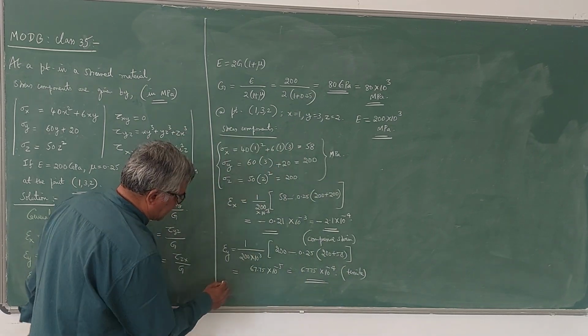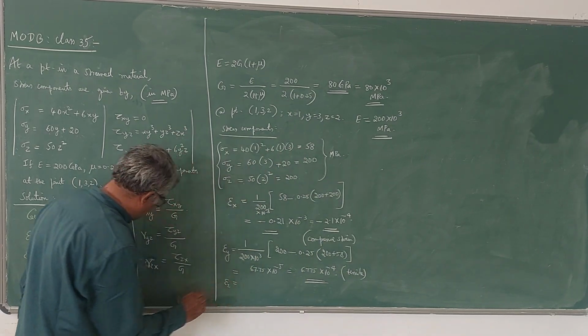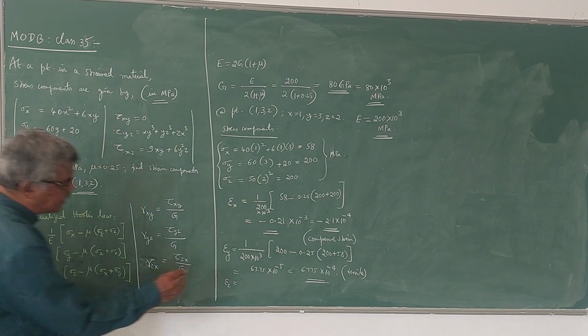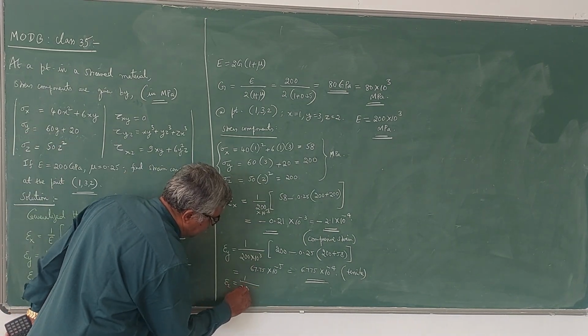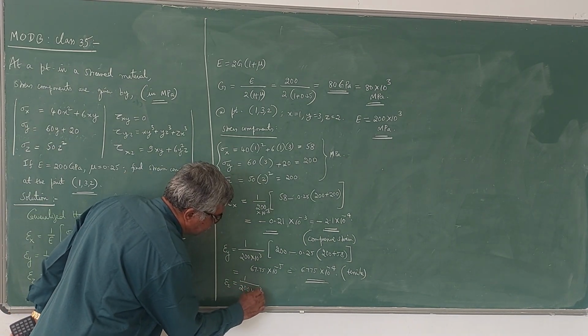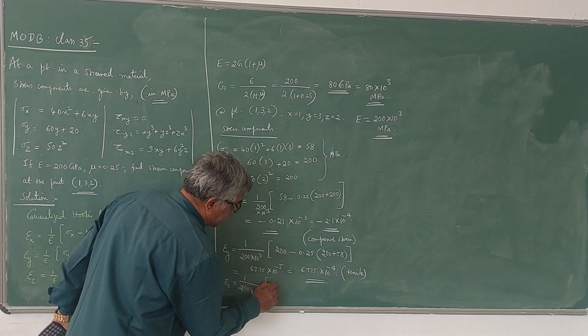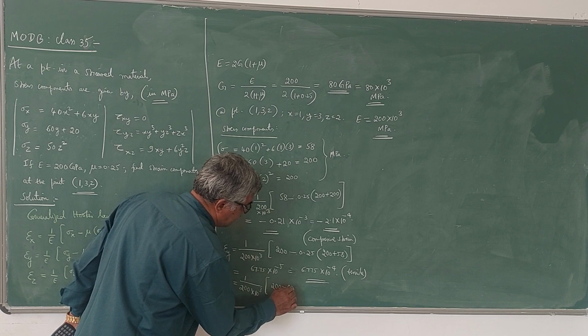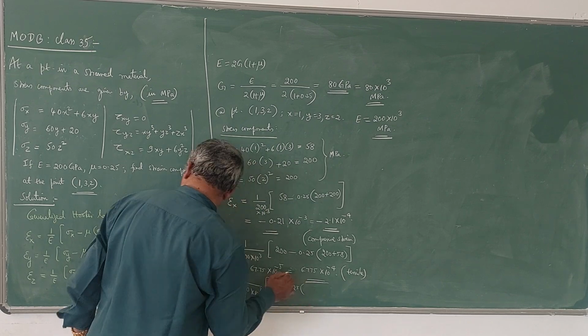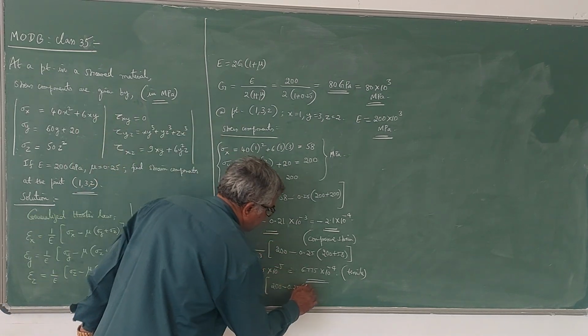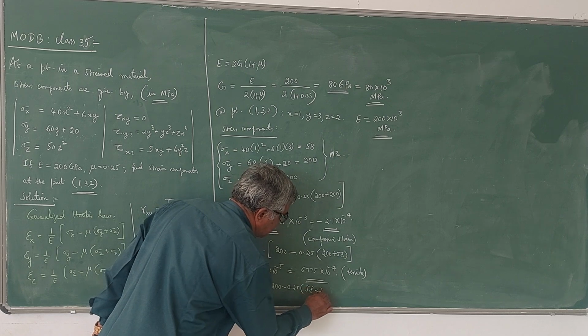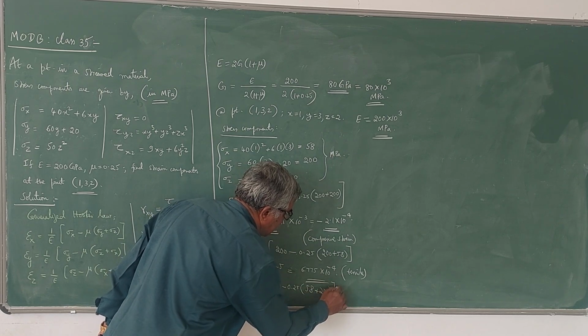That is the standard convention. Then epsilon z, you have to put in this formula, 1 by E, 1 by 200 into 10 power 3 into sigma z, which is 200, minus mu, which is 0.25, into sigma x plus sigma y, so 58 plus 200. So this is the answer.